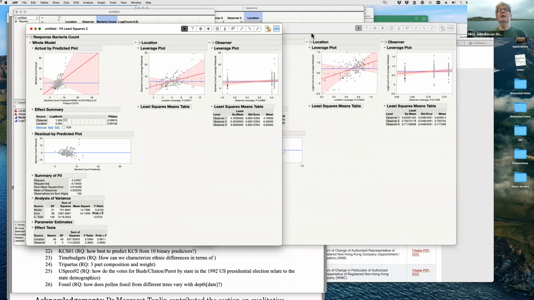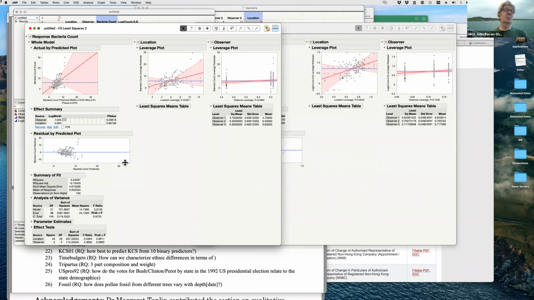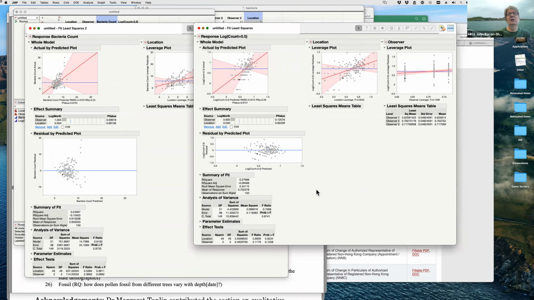So if we look at the residual plot, you will see the original residual plot is problematic because we can see the variability increases with the mean, and we're assuming the variance is constant. On the log scale, the variance is much closer to being constant, okay?